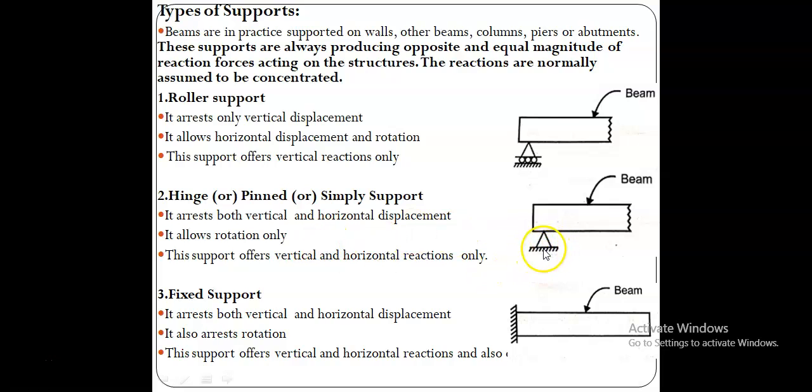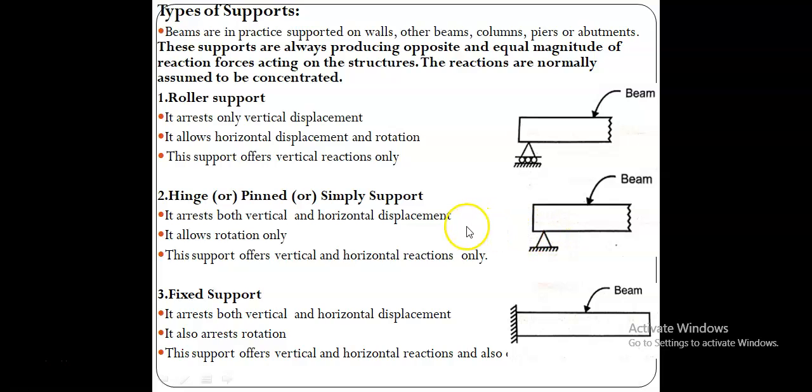Therefore, since there is no frictionless roller fitted in this support, if we give any force, either lateral or vertical, it does not move, because it has resistance. Suppose I give a vertical force over the support, it doesn't move; the support does not allow any deflection.